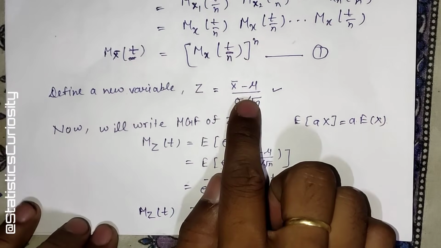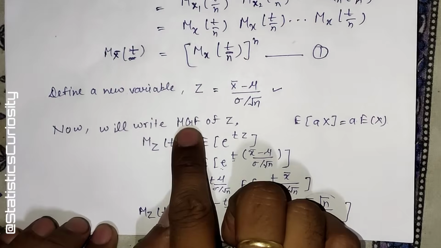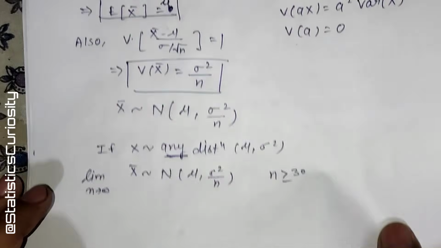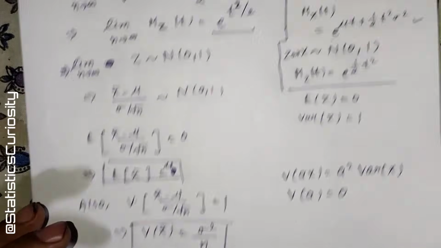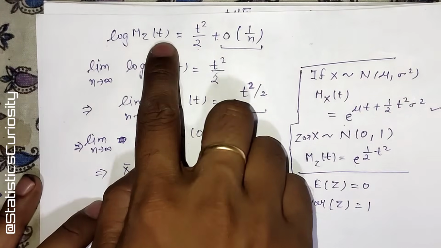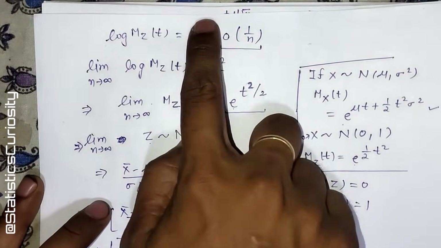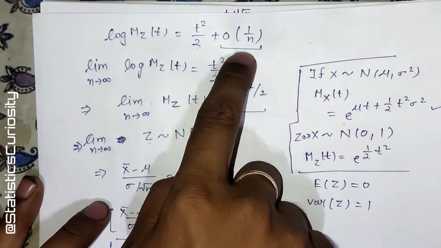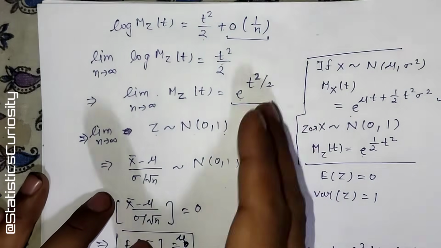After defining this Z, we write the moment generating function of Z and take the log of it. After solving the log of the moment generating function and after certain calculations, we get log M z of t equals t square divided by 2 with some terms containing n in the denominator.